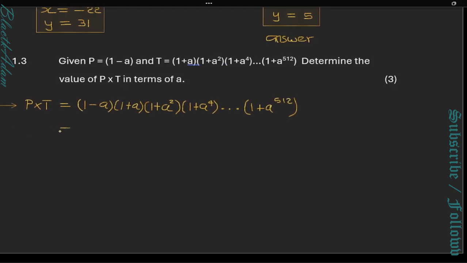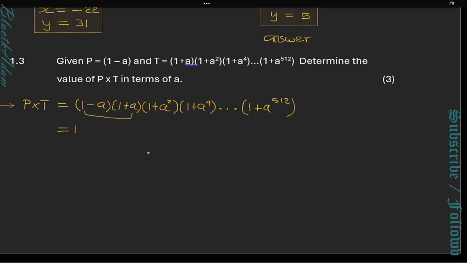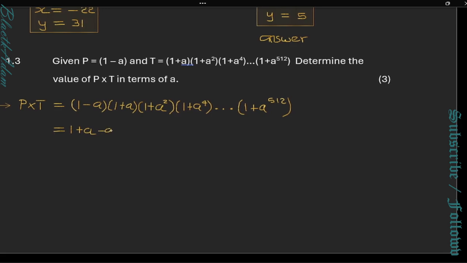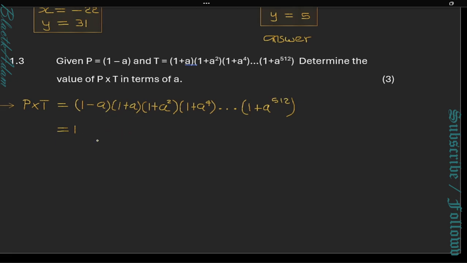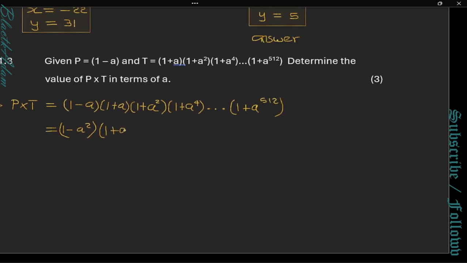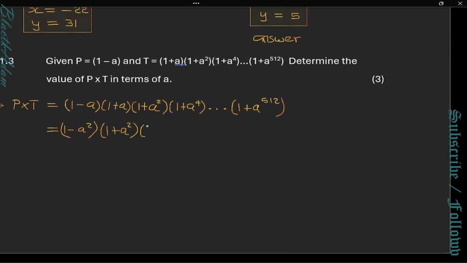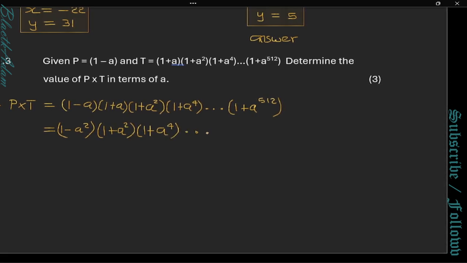So you multiply, our first part will be 1 times 1 is 1, and then we have 1 times a, that's a, and then a times a is a squared. That a cancels out, so we have 1 minus a squared, and then that is multiplied by 1 plus a power 2, 1 plus a power 4, until we reach 1 plus a power 512.